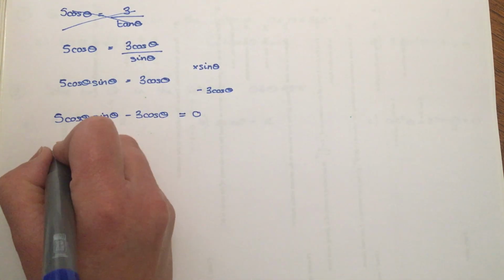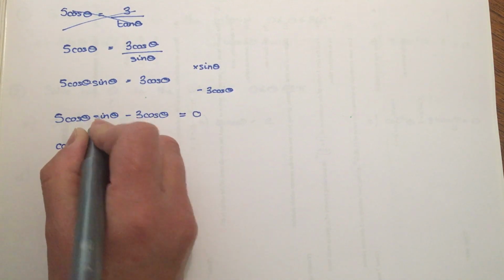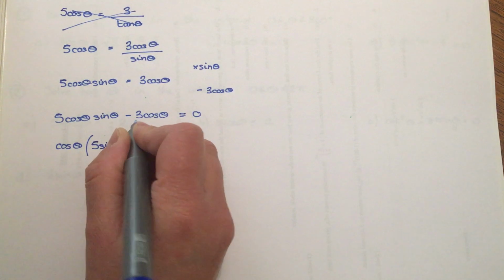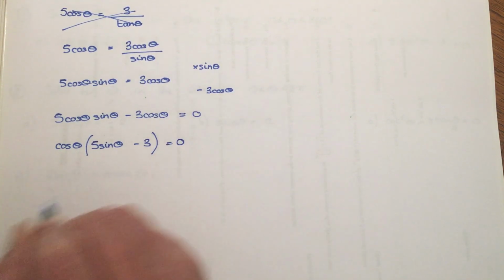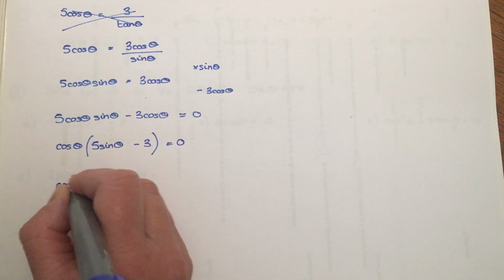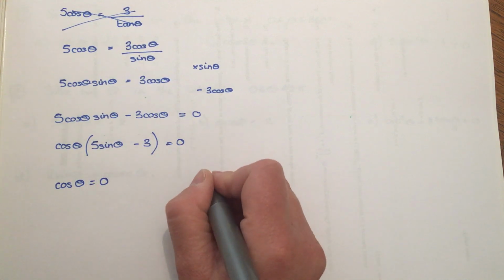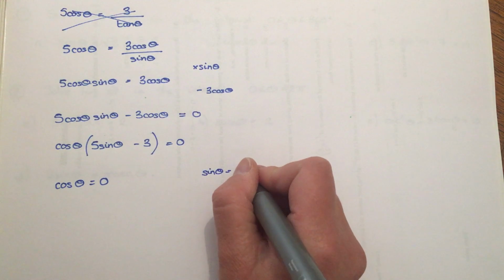So if I take cos theta out as a common factor, I'm left with 5 sine theta minus 3 equals 0. And then to solve that, either this part has to be 0, so cos theta equals 0, or this has to be 0, in which case sine theta would be 3/5.